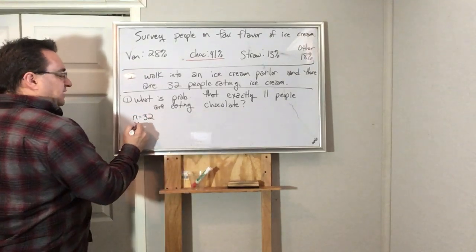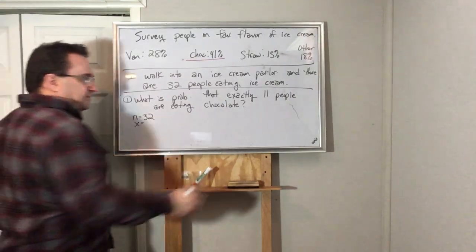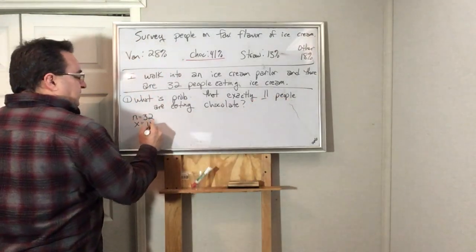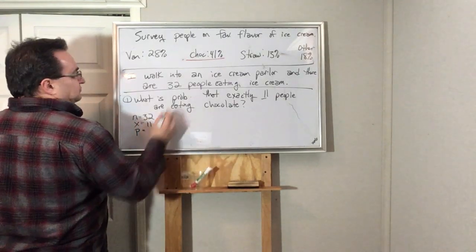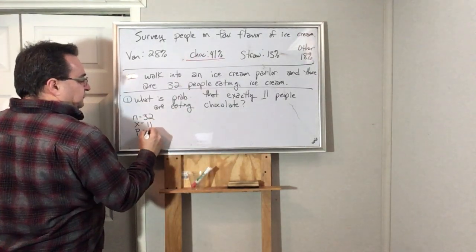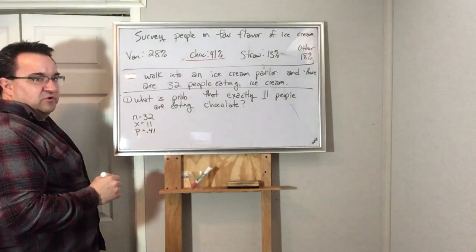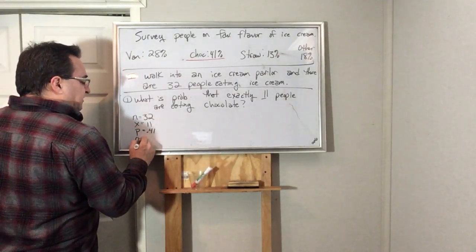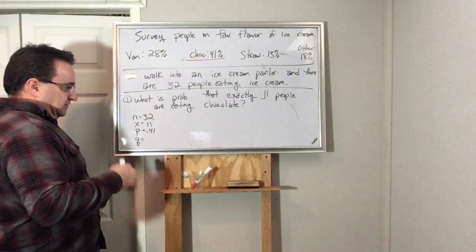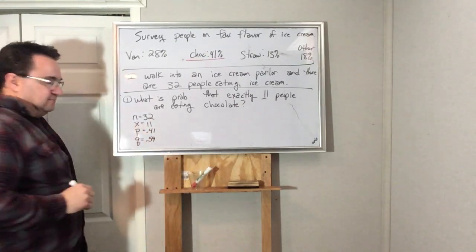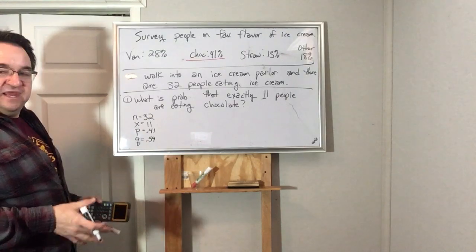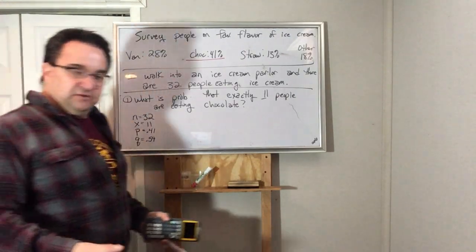The specific number I'm interested in for this problem is 11. I want to know if 11 of them like chocolate. And since it's talking about chocolate, the probability they do like it, success, is 0.41. The probability they don't like it, failure, that would be 1 minus that, which works out to 0.59. So that's the data I need. Now I just need to punch it into the equation.